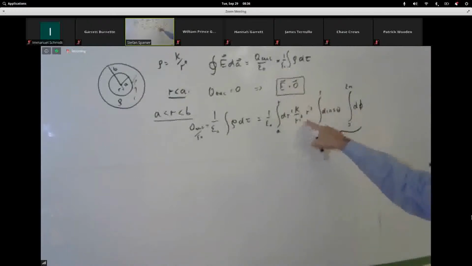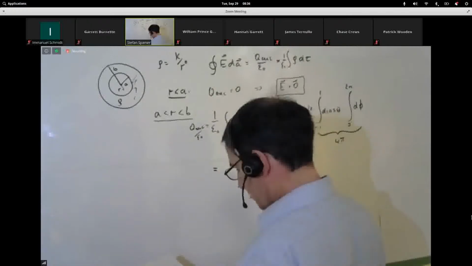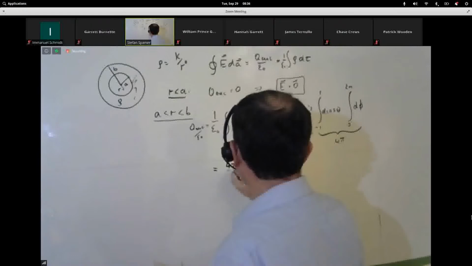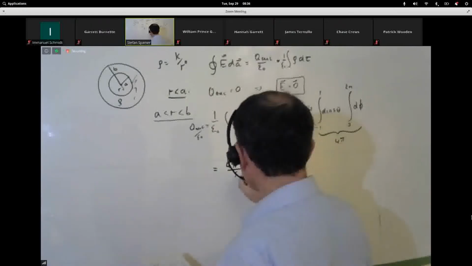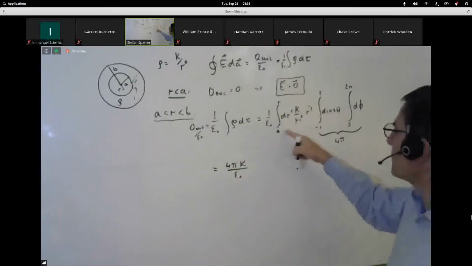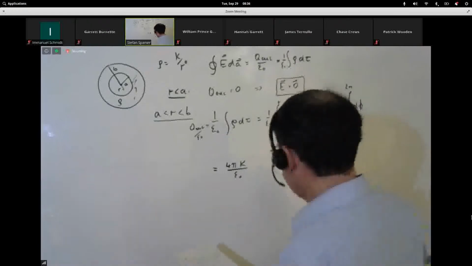The r square cancels here, so the integral itself is actually relatively easy because it's just r prime. So we get 4 pi k, and then epsilon 0, not to forget. And then r prime here from a to r, so it's r minus a.